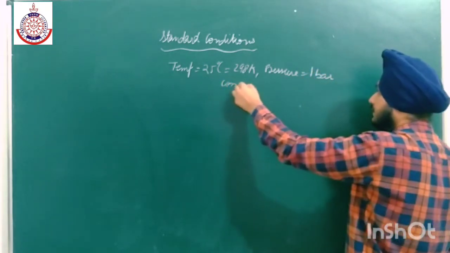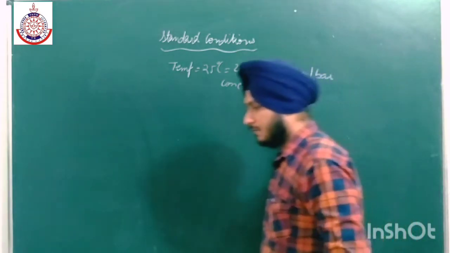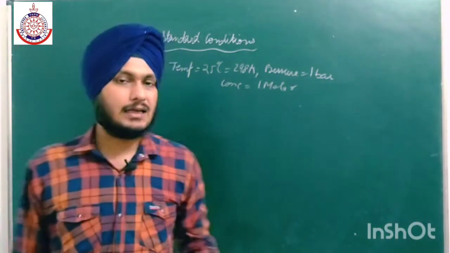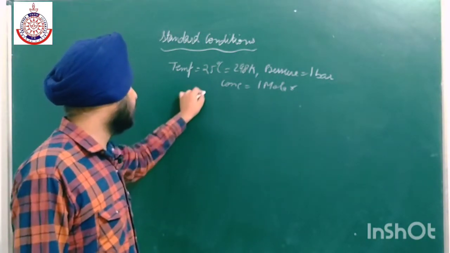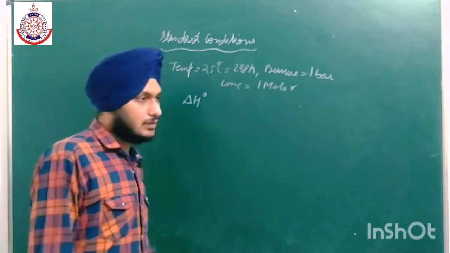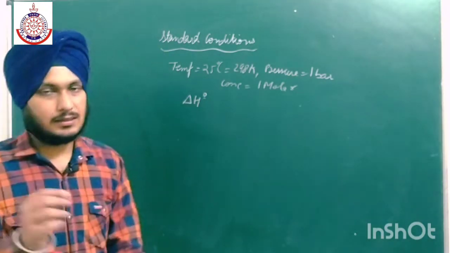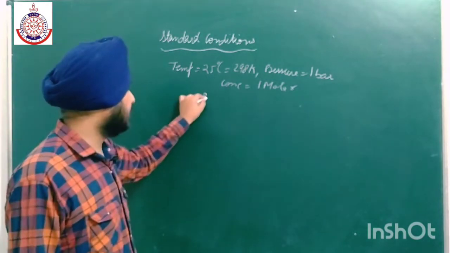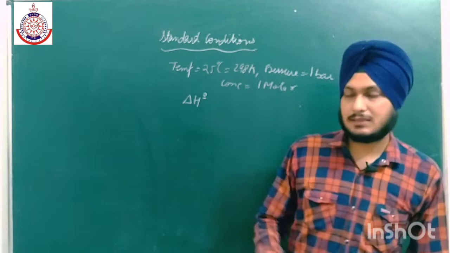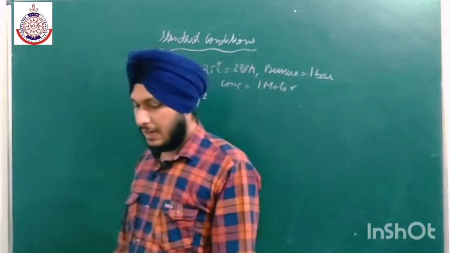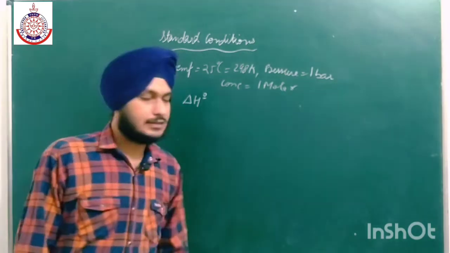If we are taking the standard condition, then we denote the heat of the reaction by delta H naught. We indicate it by delta H naught, putting a small circle, which represents that we are dealing in standard conditions, where the temperature is 25 degrees Celsius, the pressure is 1 bar, and the concentration is 1 molar.